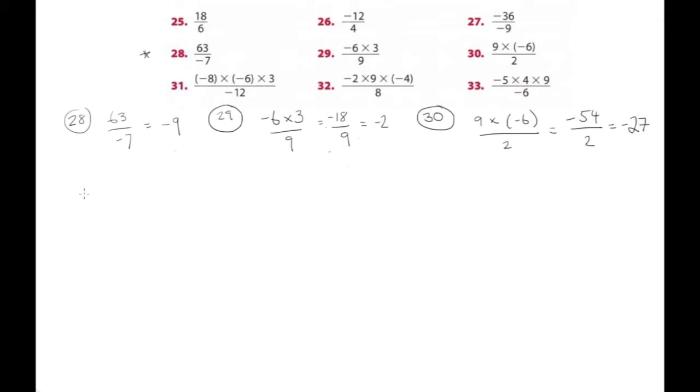Okay, so 31. Minus 8 multiplied by minus 6 multiplied by 3 over minus 12.